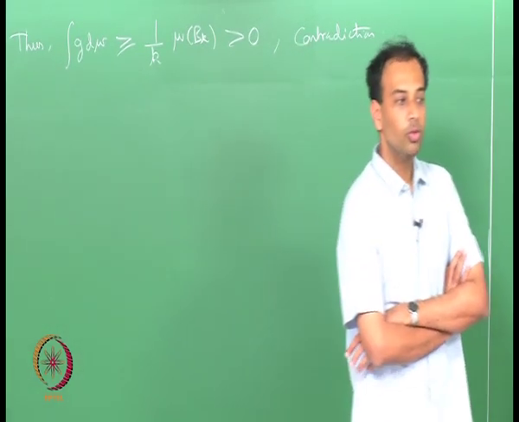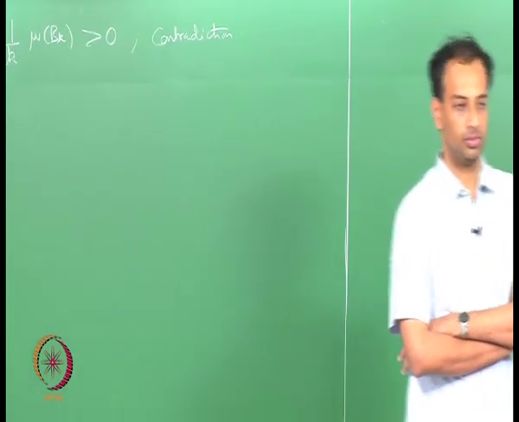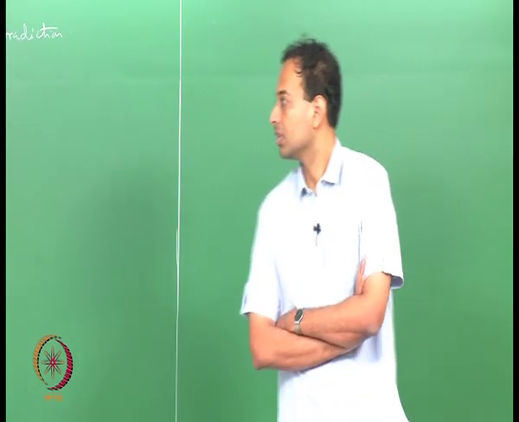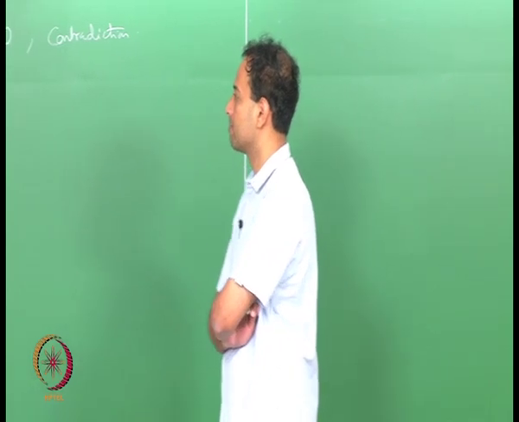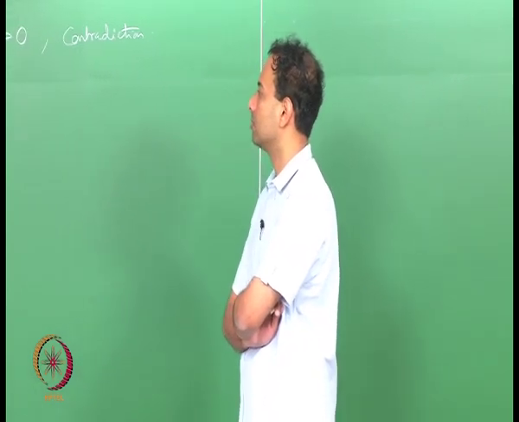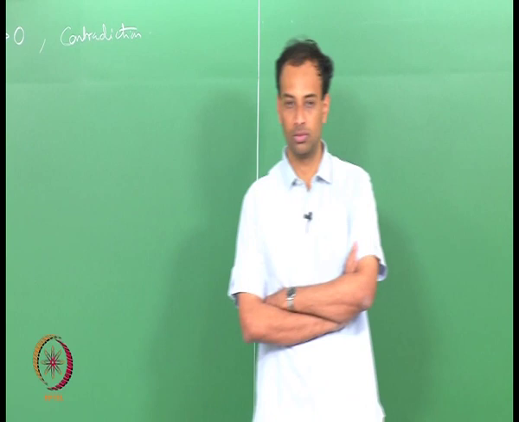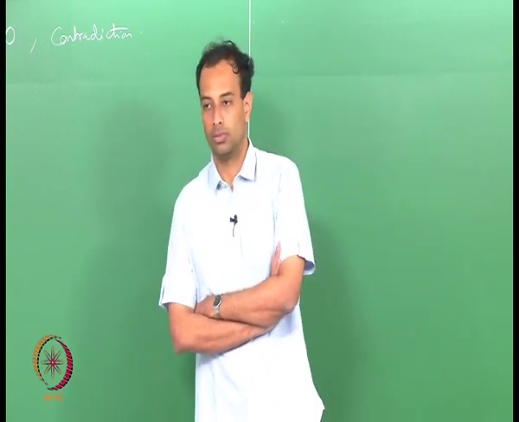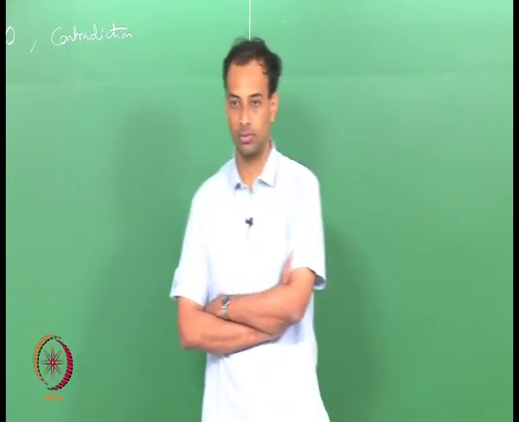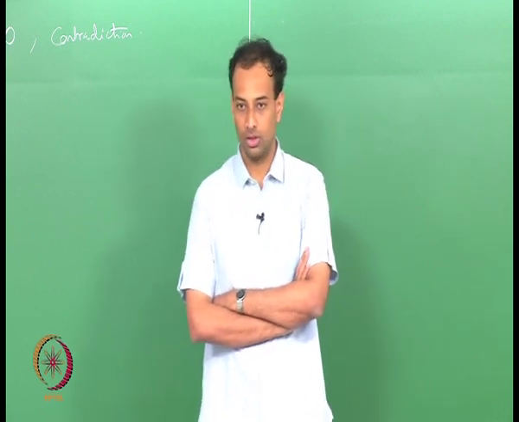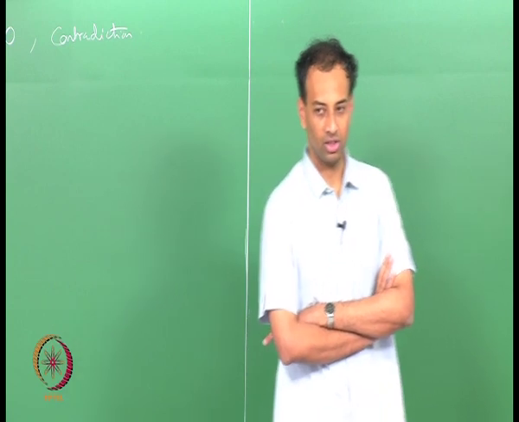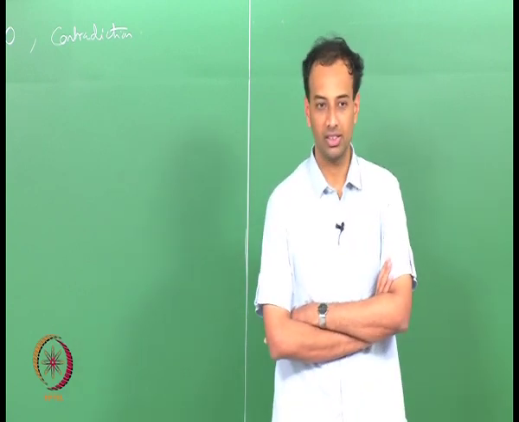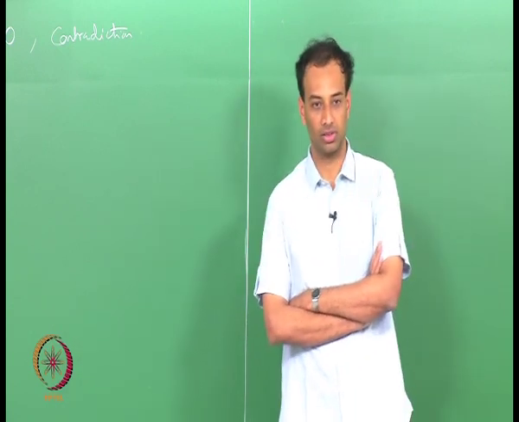Are there any questions on this proof? So, in particular for a non-negative random variable, if expectation of x is 0, then x is equal to 0 almost surely, right.